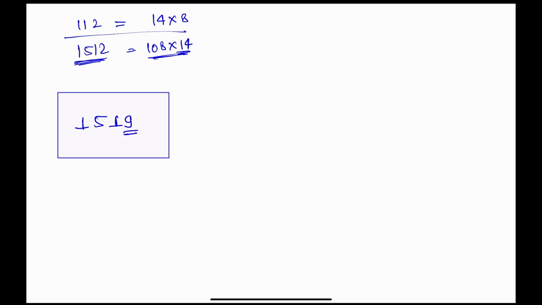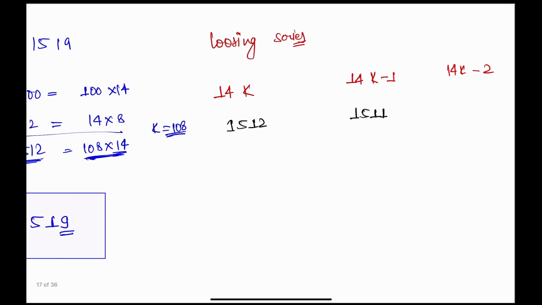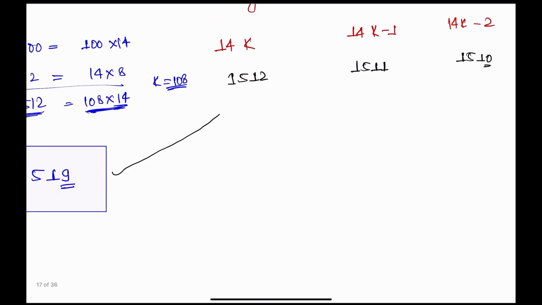If k is 108, how much will this value be? This is 1512. This will be 1511. This will be 1510. So can this value become this? How will it become this?